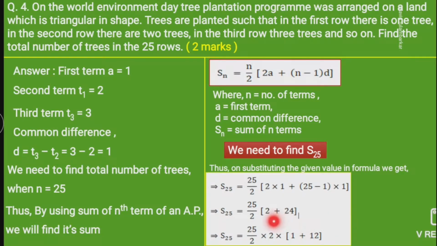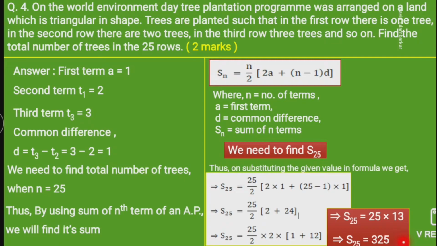Or you can take 2 common from this. So you write here 2 into 1 plus 12. Or you can write 2 plus 24 as 26. Then divide by 2. You get the same value. So this 2 gets cancelled. We get S25 equals to 25 into 13. So S25 equals to 325, which is the final answer.